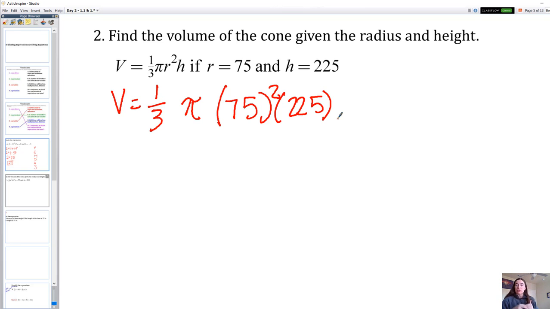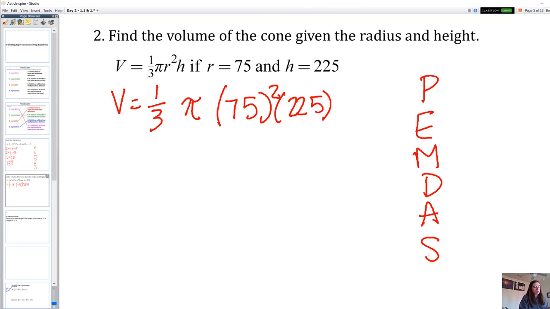If there's a little x or if there's no operation sign at all, that tells us we are doing multiplication. Alright, so now that we have our equation set up, we're going to go back and do PEMDAS again. So remember, we've got P, E, M, D, A, and S. So P for parentheses. Do we have anything inside of the parentheses that needs to be simplified? If so, we would do that first.